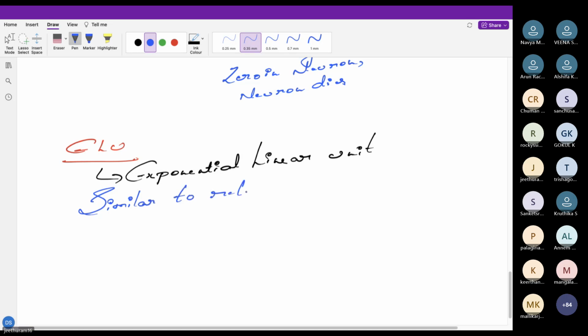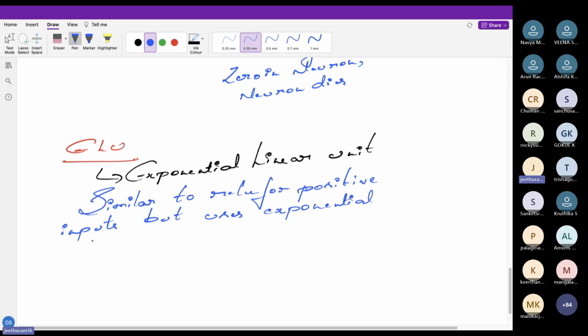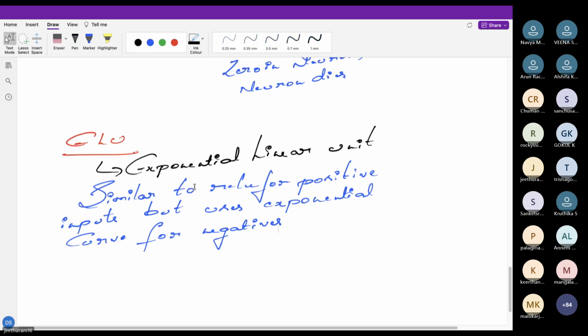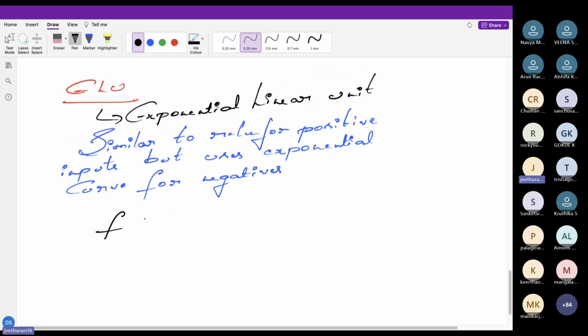Similar to ReLU for positive inputs, but uses an exponential curve for negatives. So it uses a formula something like this. Positive value means it remains the same, x only.